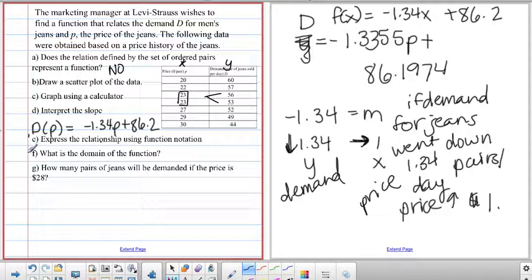Now the domain is like the last problem that we were doing in class. We were saying, what's the highest grade you could get? Well, you couldn't get over 100, so that restricts the domain. The same thing is true here. What's the domain of the function? Remember, that's the x values, that's p. Do we have any restrictions on our price of pants? Hopefully you can see the restriction is that the price of the pants can never be negative.